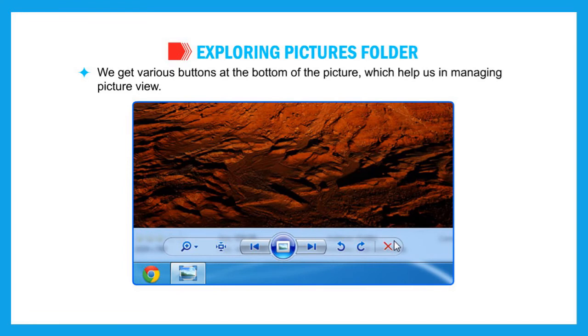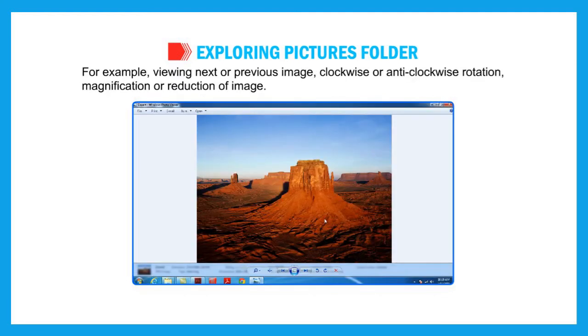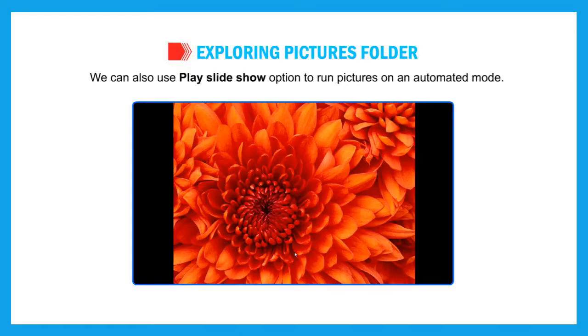We get various buttons at the bottom of the picture, which help us in managing the picture view. For example, viewing the next or previous image, clockwise or anti-clockwise rotation of an image, magnification or reduction of an image. We can also use the Play Slideshow option to run pictures in an automated mode.